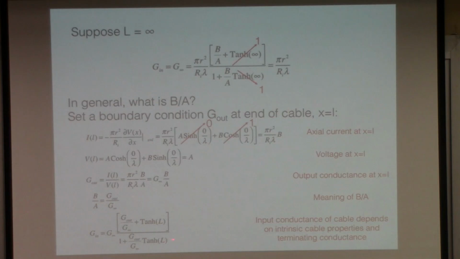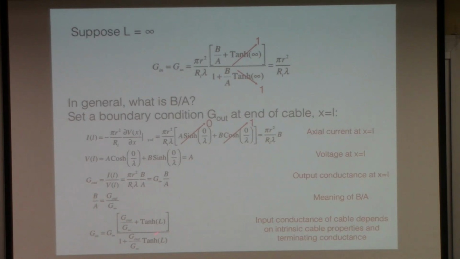Its electrotonic length, the output conductance, and the input conductance of a semi-infinite version of that cable. We know how to calculate this from the intrinsic cable properties. Here it is. G out is usually a given in any cable problem, and usually it's set to 0.